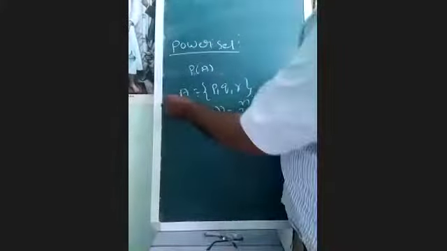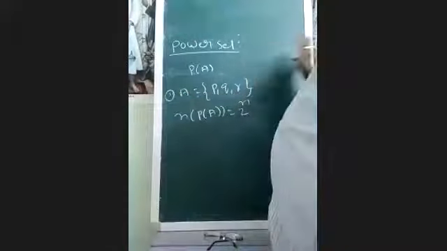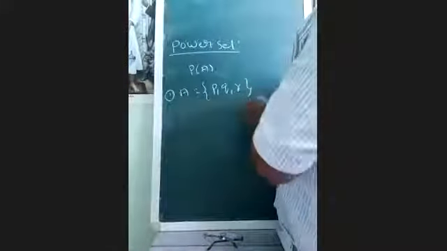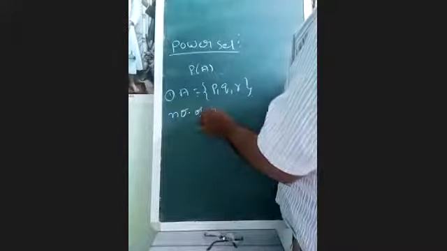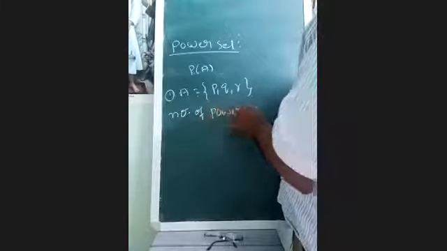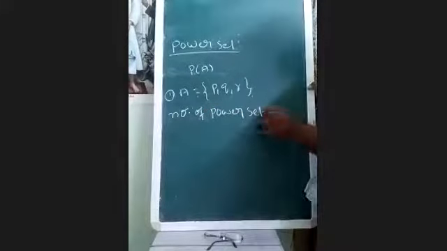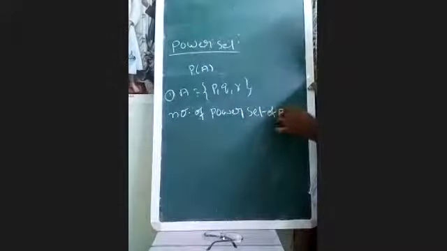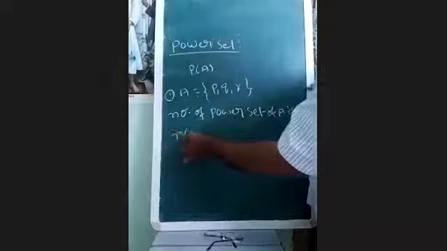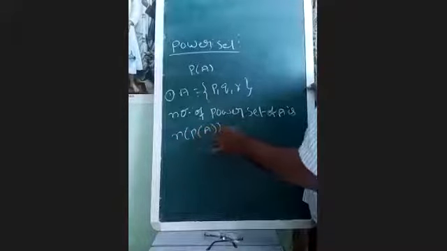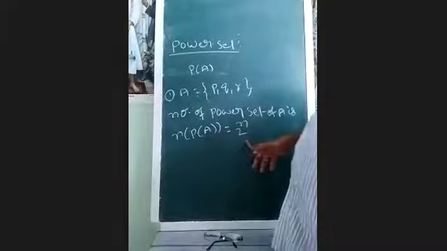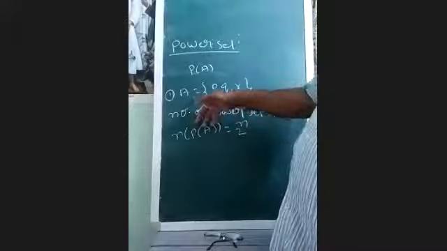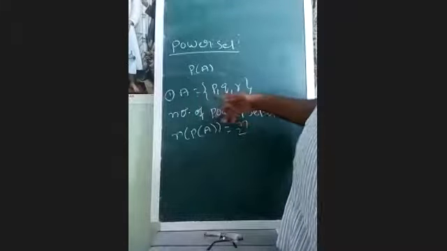But I am giving an example. Here write the number of elements of the power set of the given set. The number of elements of the power set of A is n of P of A, which is equal to 2 power n. n means the number of elements in the given set A. How many elements are there?